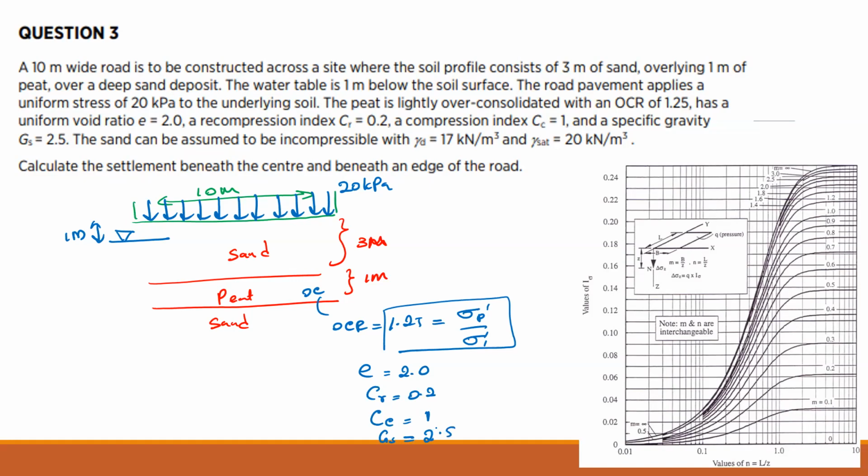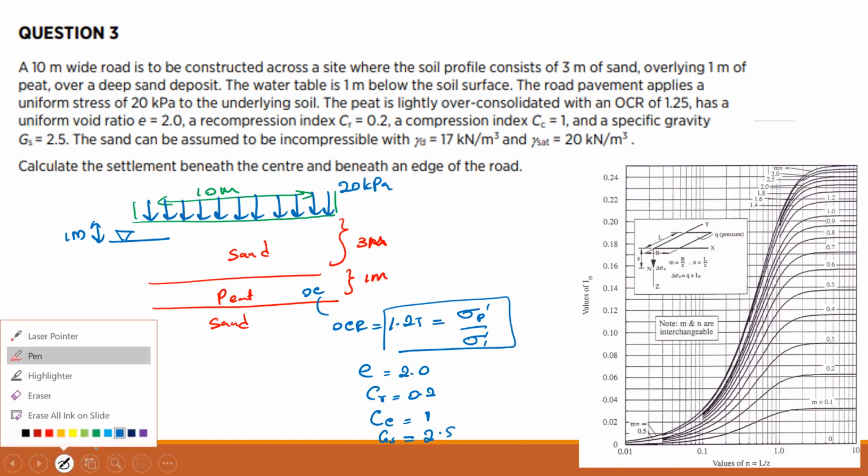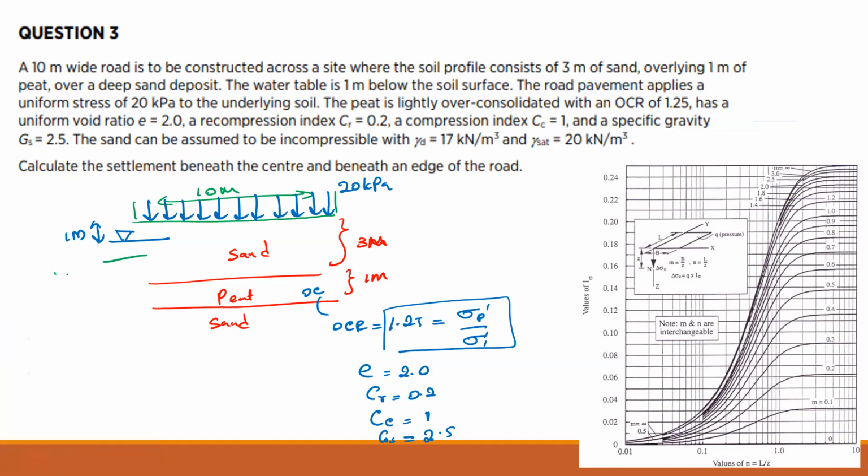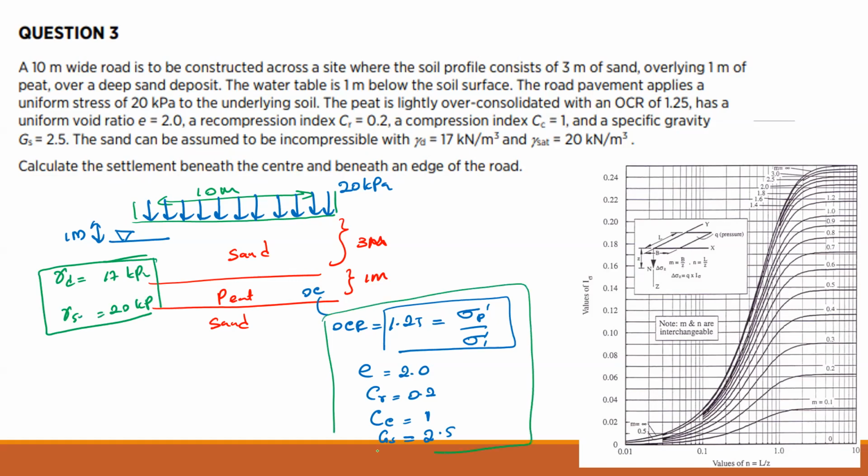The sand can be assumed to be incompressible, and dry and saturated unit weights are given to you. So for the sand, we know gamma dry is 17 and gamma saturated is 20 kilopascals. This is for the sand, and the rest of the things are all for the peat.